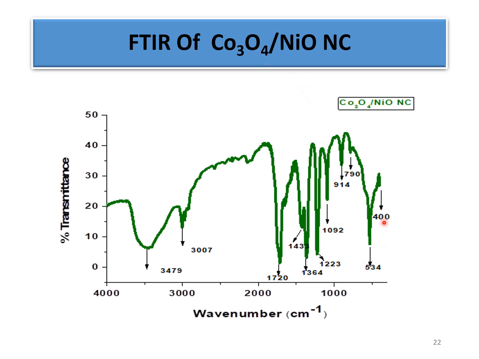The values 534 nanometer and 400 nanometer show the metal oxygen peaks of the nanocomposite material, and the rest of the peaks indicate the functional groups present in the plant material.